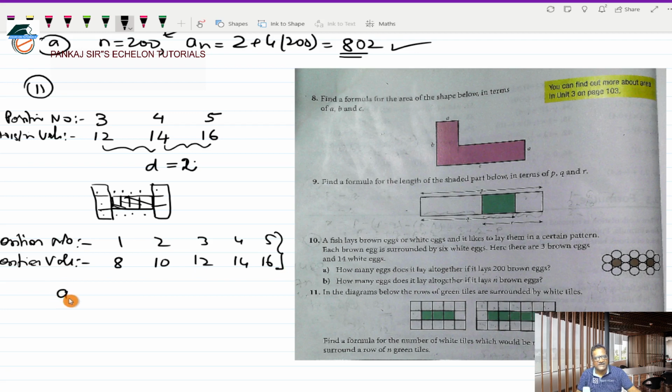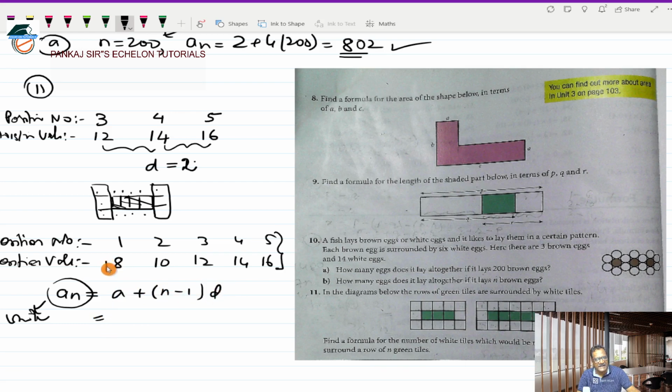Now from here you can write a general formula an, that is the total number of white tiles surrounding the green tiles. That is what they have asked you to find out: the formula for the number of white tiles needed to surround the row of green tiles. This will give you the number of white tiles, and it is given by the formula a plus n minus 1 times d.